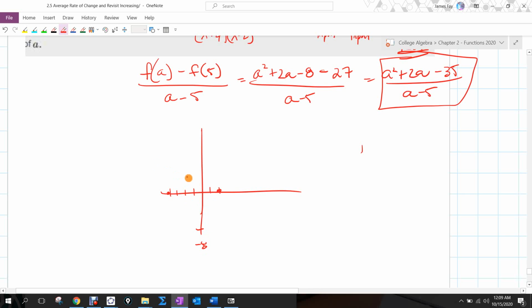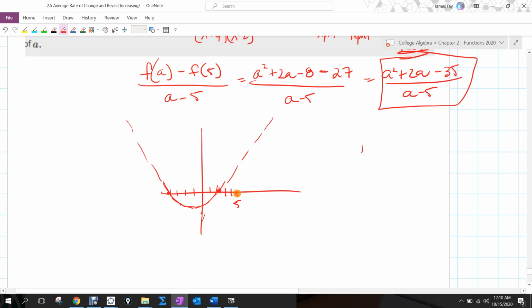So my graph would actually be something like this. So if I've got like 5, and then let me do it this way, just to make things a little bit easier to draw. Let's not force me to know what my scale is on the bottom here. So I'm going to make this a little bit shallower. So let's say that's my parabola.